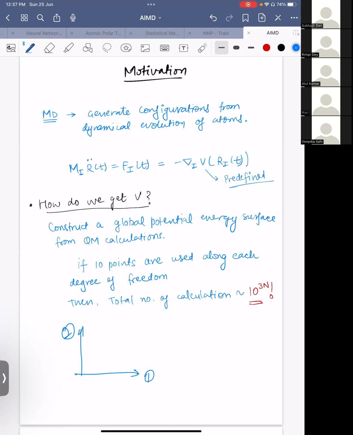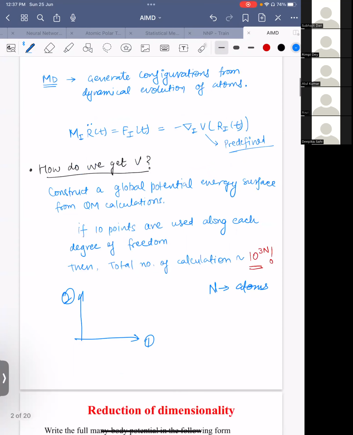But for a realistic system, we have 3n minus 6 degrees of freedom, where n is the number of atoms. So if we want to construct this potential energy surface, we have to do the calculation at a total of 10 to the power 3n points, which is computationally very costly.